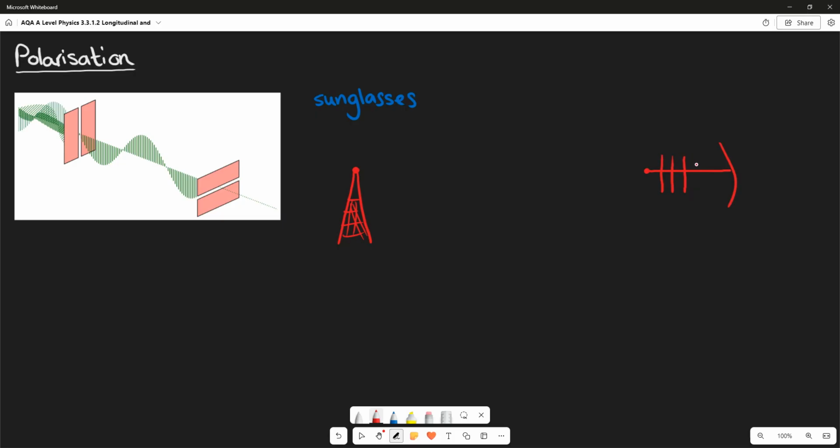The way the aerial works is the receiver has electrons in the metal poles, and those electrons are ready to be oscillated up and down along the length of this aerial. If it's aligned horizontally, then they're going to be oscillated horizontally. So if you have your aerial set up like this, ready to receive a vertically polarized transmission, then you need to be pointing it at a vertically polarized transmitter.